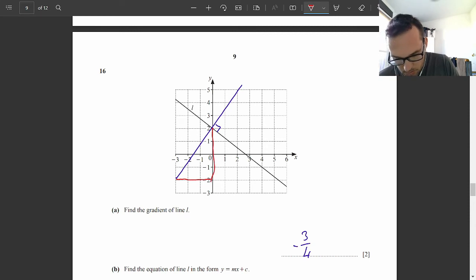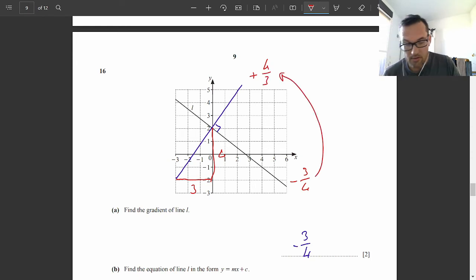Remember, the previous line had a negative gradient of 3 over 4. First thing we notice is we now have a positive gradient, and our run is 3 and our rise is 4. Being the change in y over the change in x, our gradient now is 4 over 3.